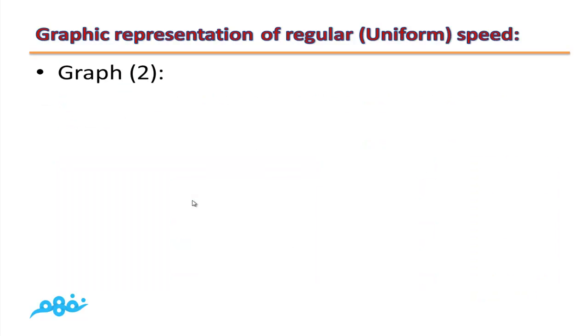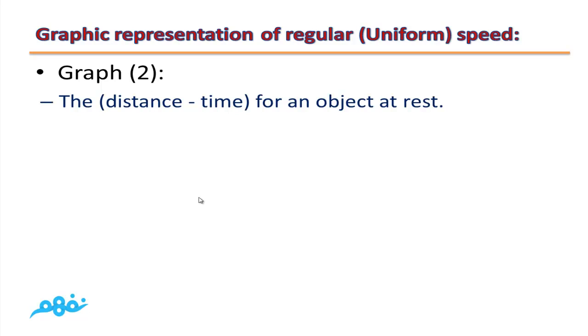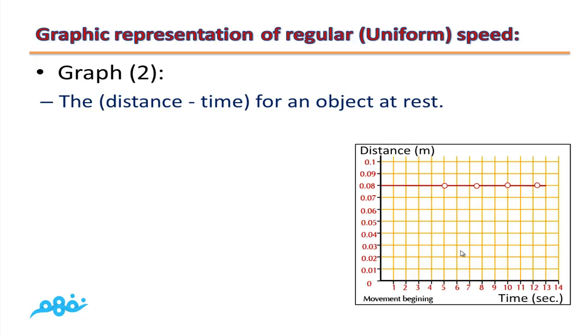The second graph is called the distance time graph for an object at rest. At rest means it doesn't move. Its velocity is zero. So we have distance in meter over the y-axis, time in seconds over the x-axis.